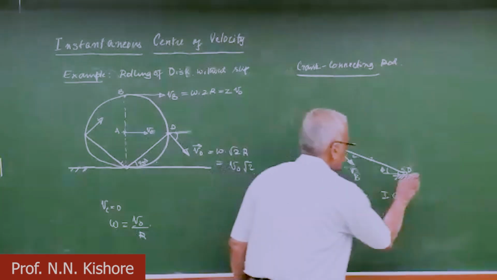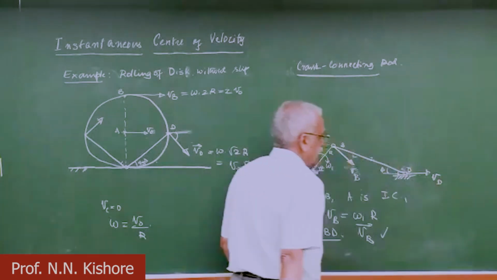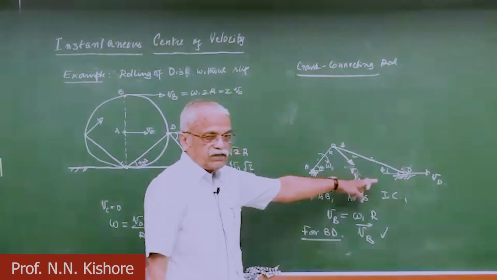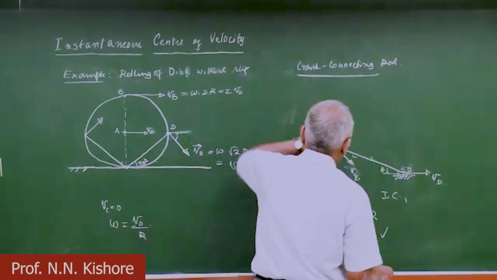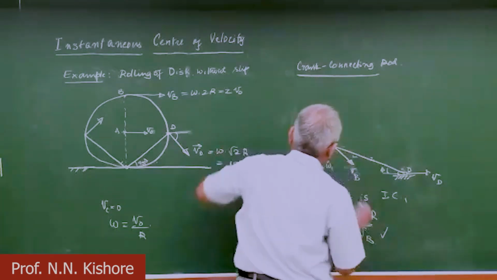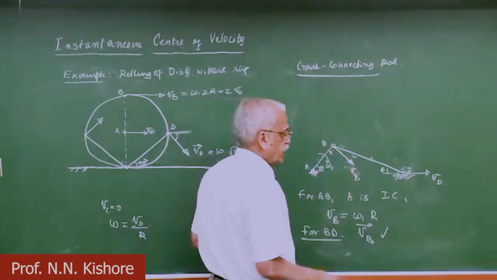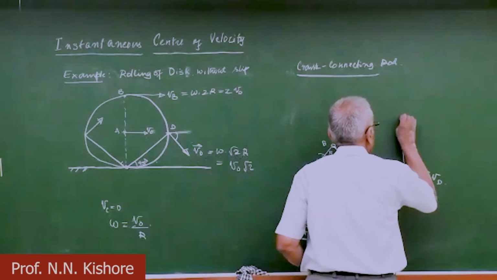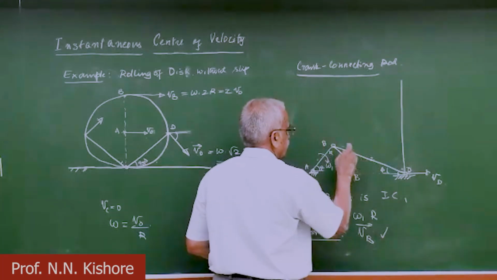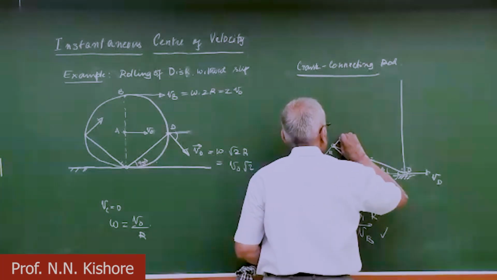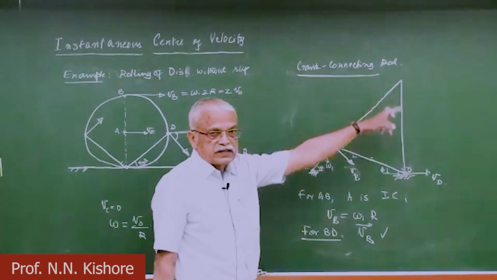We also know that the velocity of D is like this. Since we know the two velocity directions at least, we can find out the location of the instantaneous center. One line is drawn perpendicular to VB, and that is nothing but an extension of the crank.